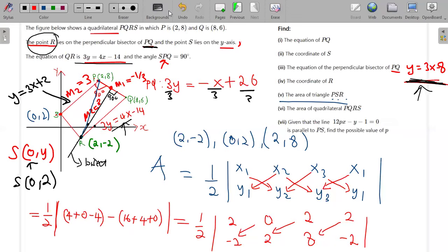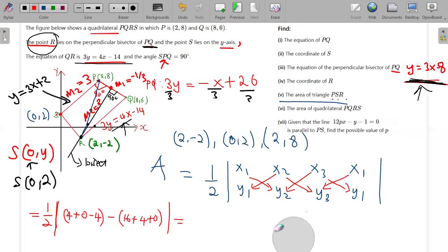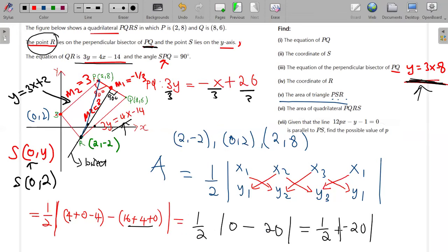So meaning that this will be half, and then in modulus, I'm going to have 4 minus 4, that is 0. Then minus, here I'm going to have 20, so that is minus 20. So this will just be 1 over 2, then minus 20. The bars mean we ignore the negative; the modulus cancels out the negative.